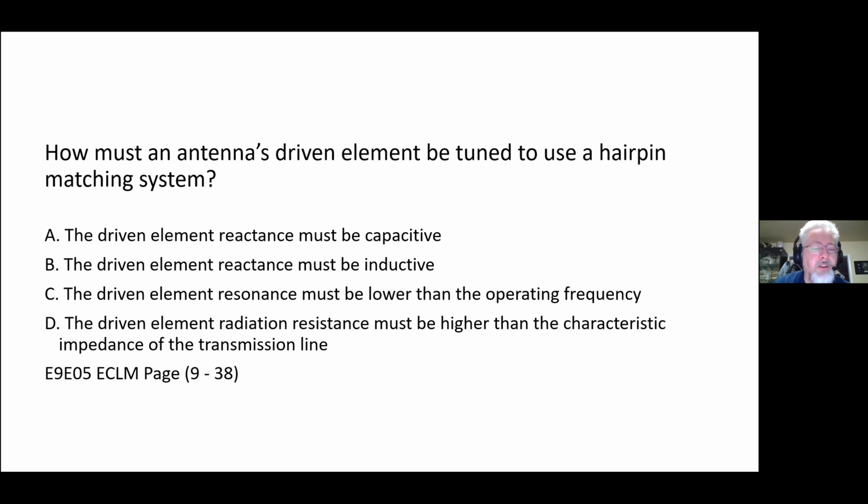Or D, the driven element's radiation resistance must be higher than the characteristic impedance of the transmission line. Alpha. Correct answer is alpha. The driven element's reactance must be capacitive.